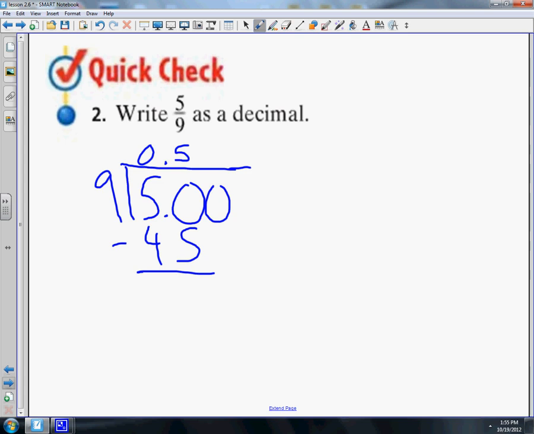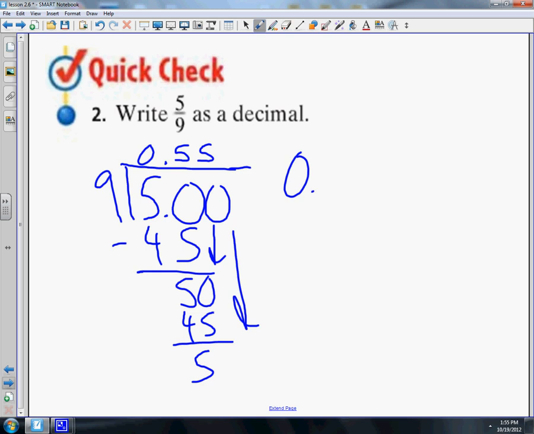Do our subtraction, and we get 5 left over. 0 comes down. 9 goes into 50 again, 5 times is 45, and we have 5 left over. We can tell already that if we keep bringing zeros down, it's going to be 50 divided by 9 over and over again. So we don't have to keep doing that till the end of time. We can just write our answer as 0.5 repeating.